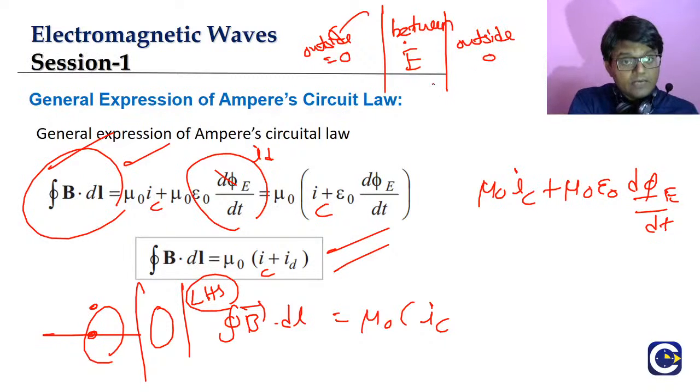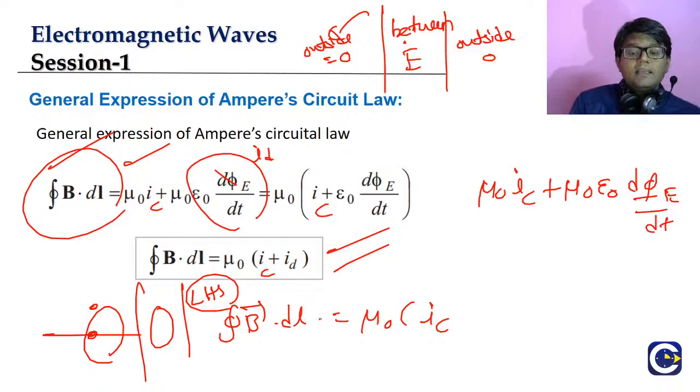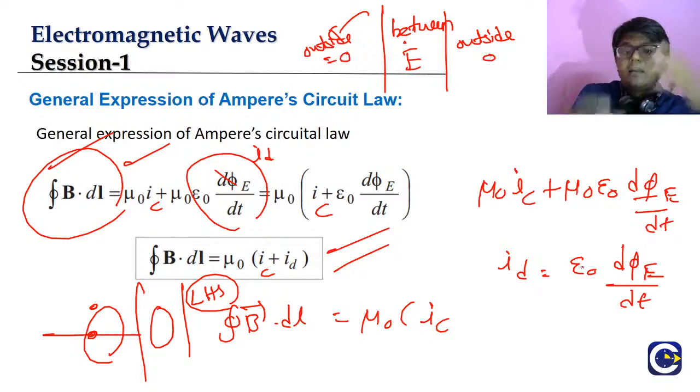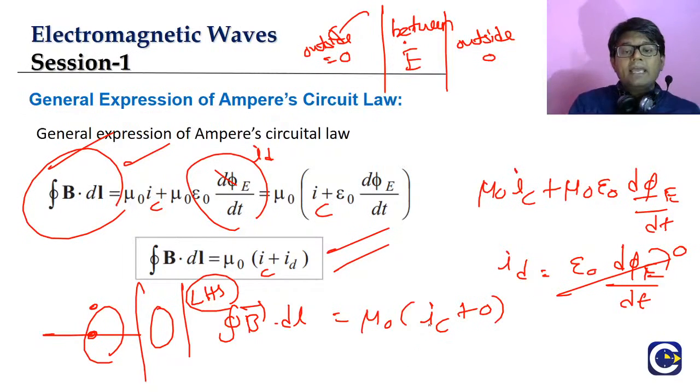It is going to be zero. So in the LHS, the electric field itself is not there. Then what will be the ID value, because displacement current is epsilon naught into d phi E by dt? When the electric field itself is not there, the displacement current value is zero.